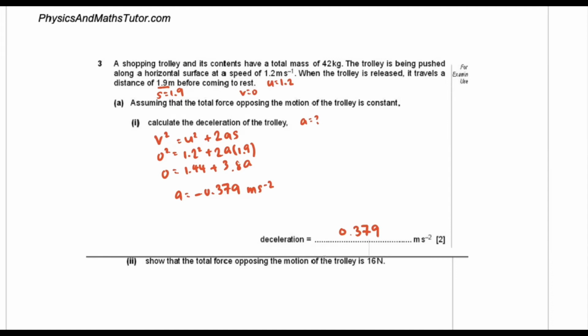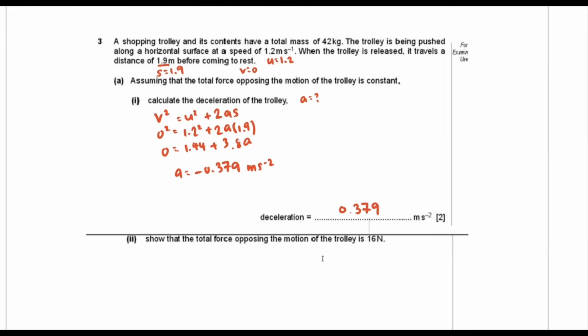Okay, so that's how we do it. And part 2 showed that the total force opposing the motions of the trolley is 16 Newton. So what to do is we use Newton's second law, F equal to ma, where the F is the net force or the total force.